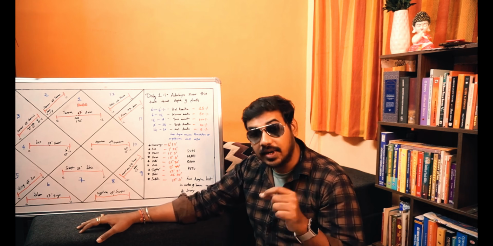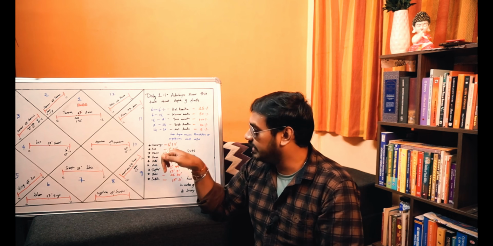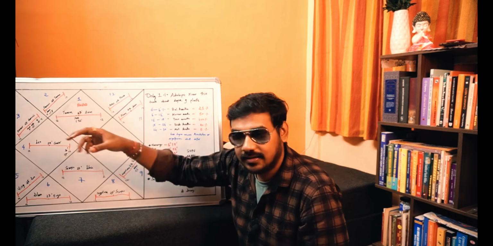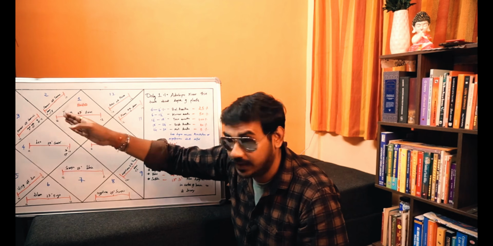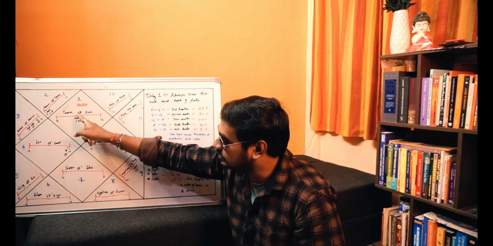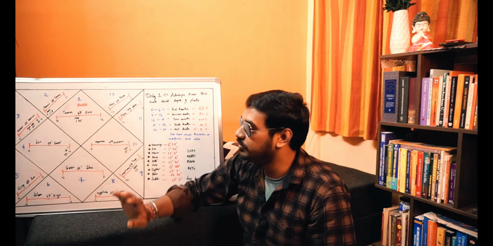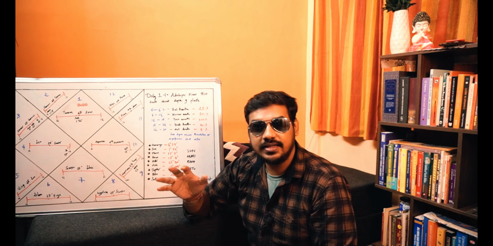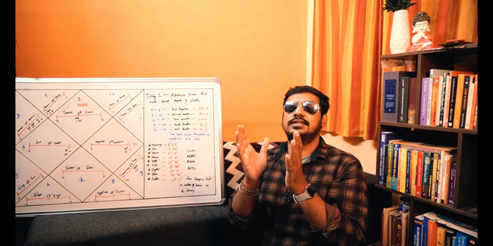But the fact is that this Sun, which is at 1 degree and 52 minutes, is exactly near the center of the first bhava. So, Sun is exactly at the middle of the first house, because the center point of the first house is 27 degrees of Kritika Nakshatra, and Sun is at 1 degree 52 minutes of Taurus: 27, 28, 29, 31. So, just 4 degrees difference between the middle of the house and the Sun. So, Sun is almost at the center of the house.